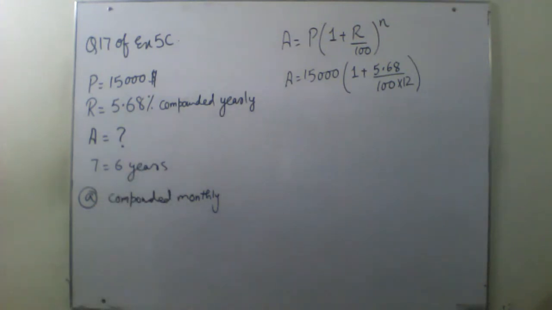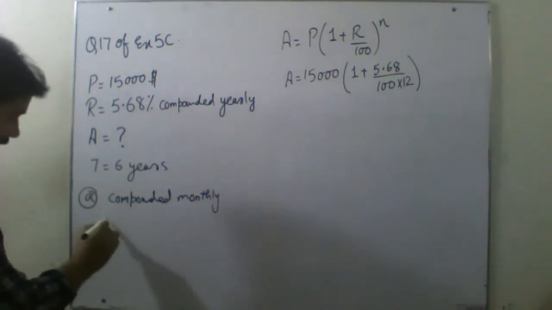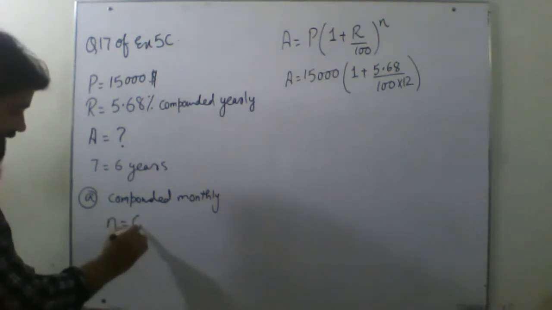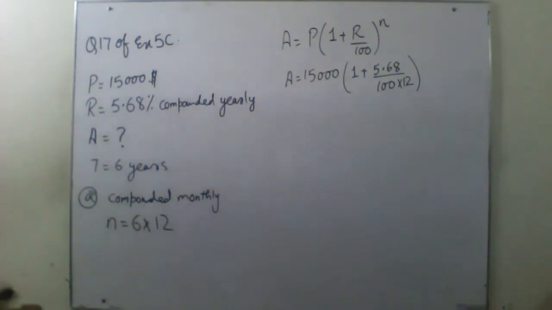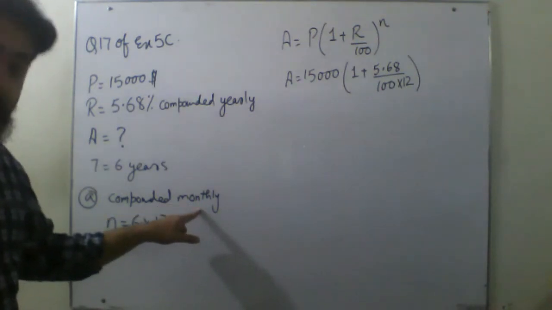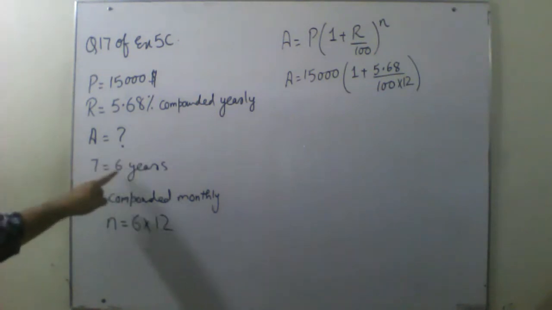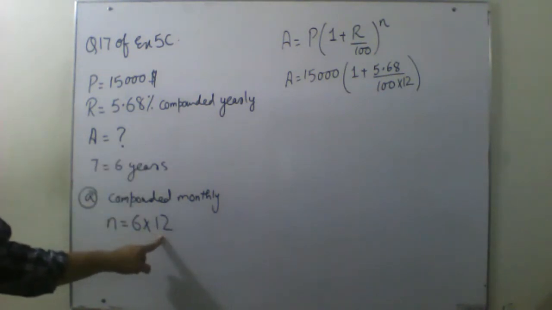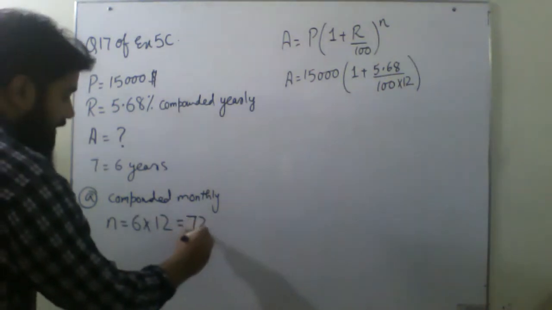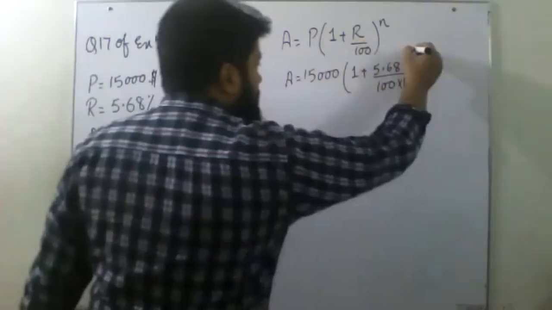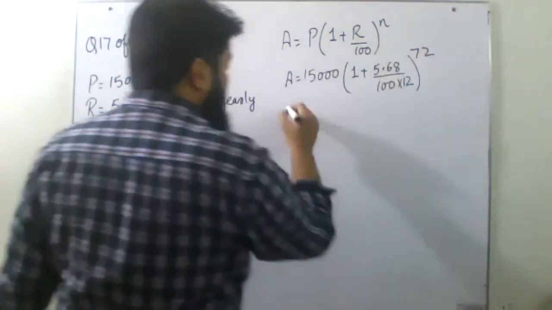For that, 6 into 12, because it is compounded on a monthly basis, and in 6 years I am going to have 6 into 12 months, which is 72 months.